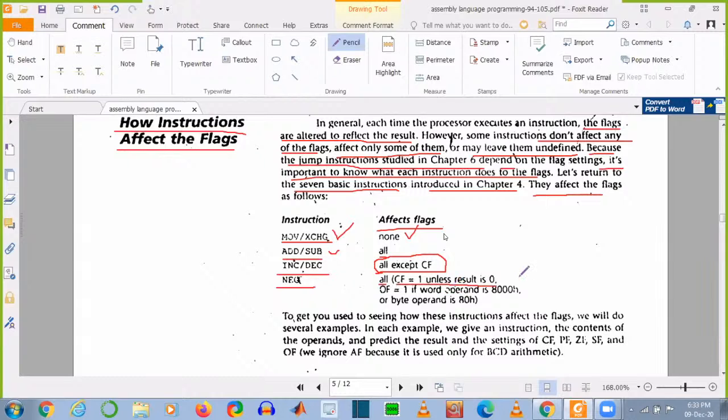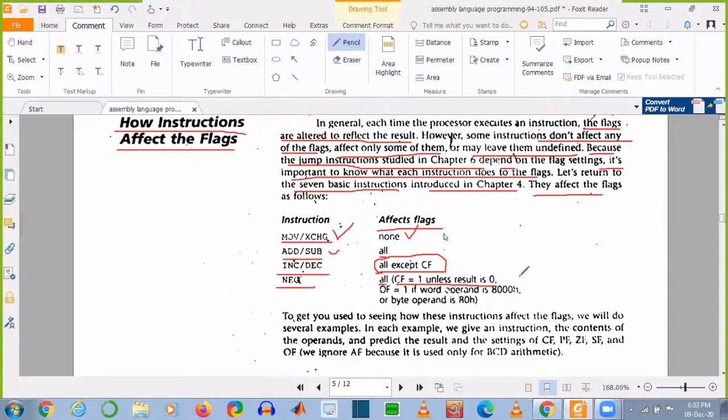If you perform the negative operation, CF will always remain 1, whether there is a carry out from the MSB or not. CF will always remain 1 unless the result is 0. Only if the result is 0 will CF be 0. Otherwise, whatever the result is, 16 bit, 8 bit, CF will remain 1. This is the exception case.